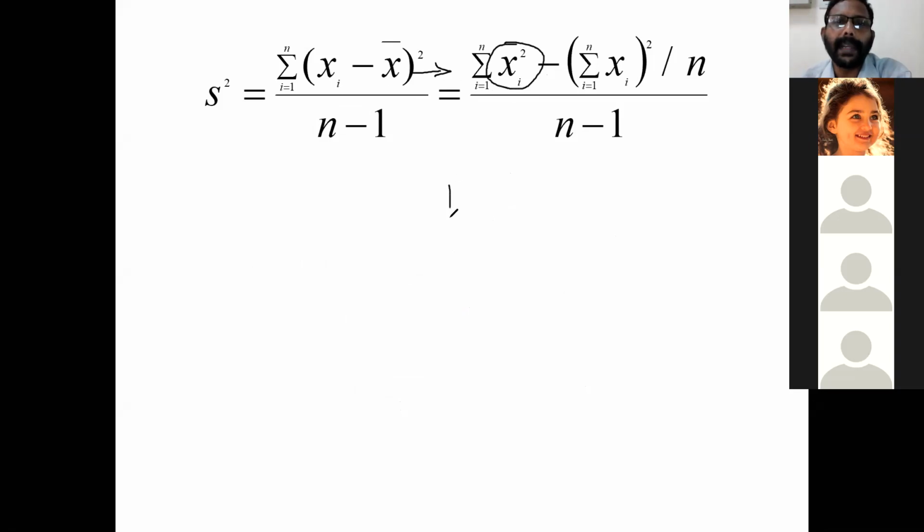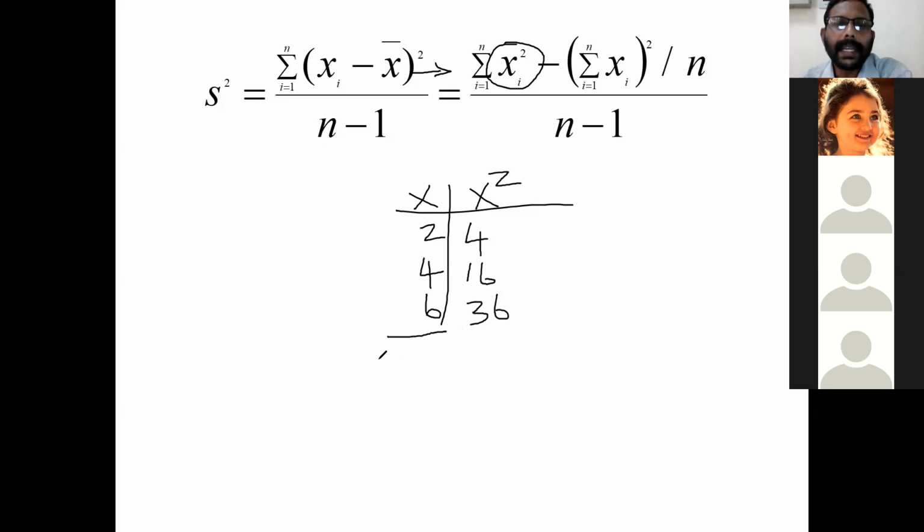Summation of x square means, let's say the values are 2, 4, 6. I will take only 3 data points. What is x square? 4, 16 and 36. If you add these values, it gives us summation x square.